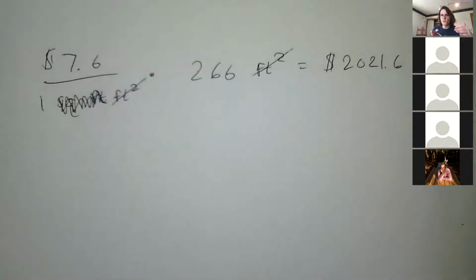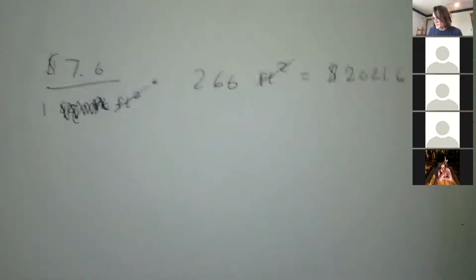Maybe there's certain corners or decorations that aren't in the other one. So we are assuming that it's uniform. So the cost per square foot is the same. Or I guess you could consider it an average even. But if you're doing this in real life, there are more considerations.